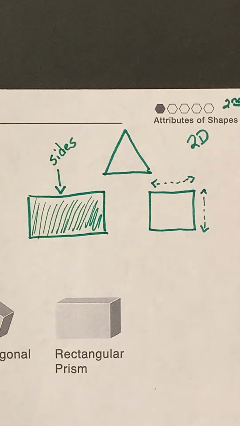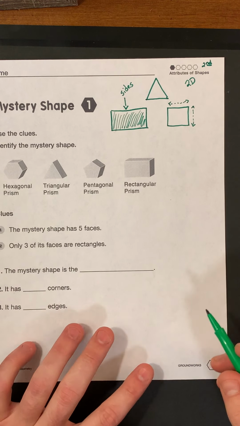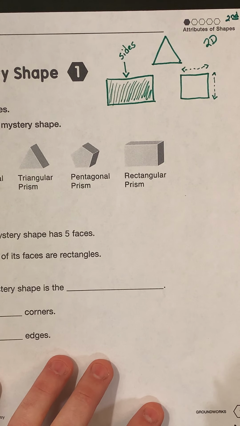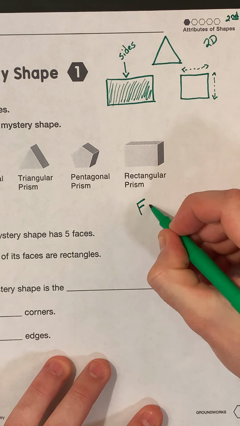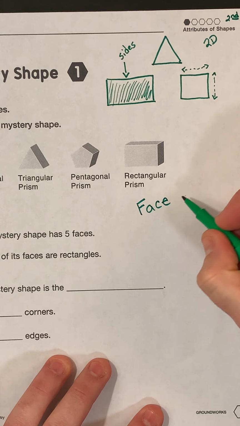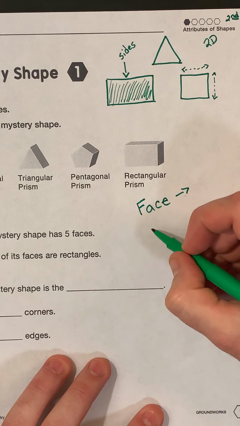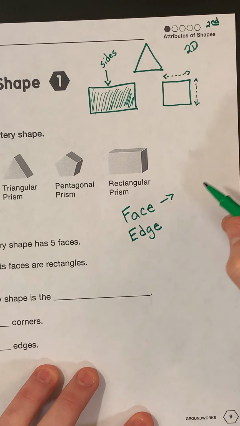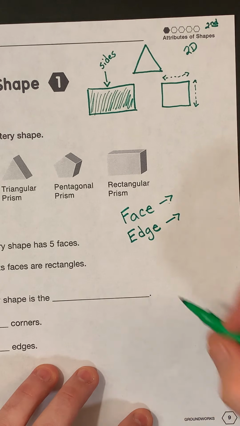And the three terms that we're going to be using are, and I'll just give you the terms first, and you can write them down on your paper if you want, because I think that you'll be able to figure out what they are through process of elimination. So we have what we call a face, we also have an edge, and then finally, we have a corner.